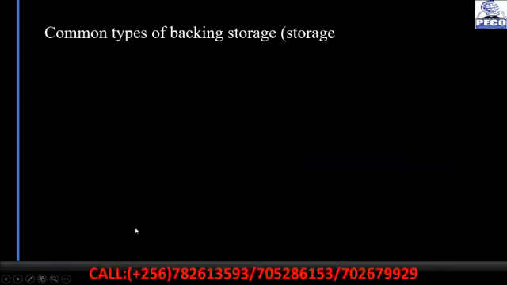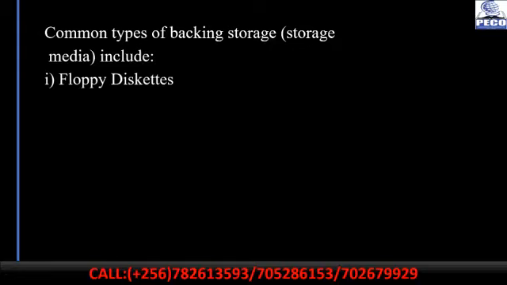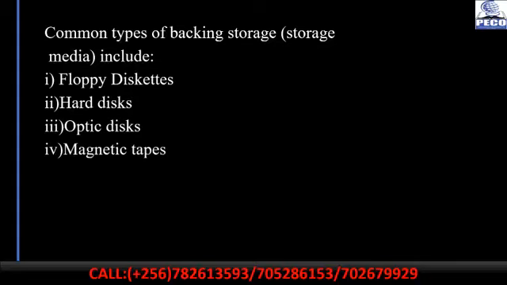Now, let us look at common types of backing storage. This includes floppy disks, hard disks, optic disks, magnetic tapes, flash disks.